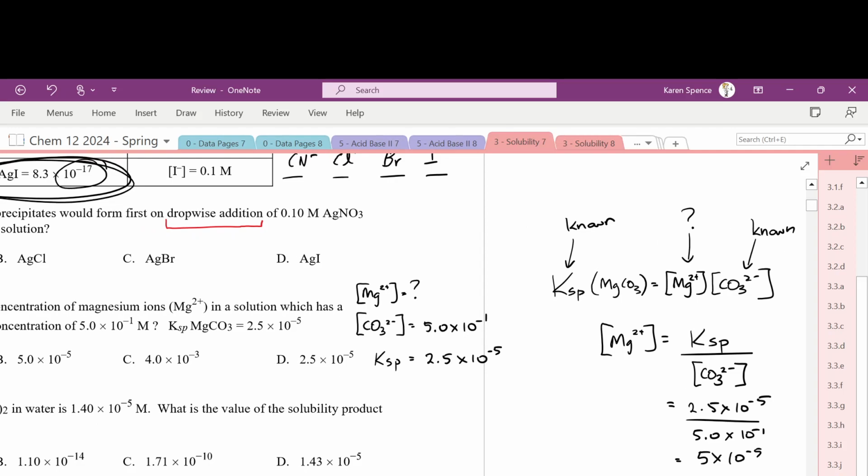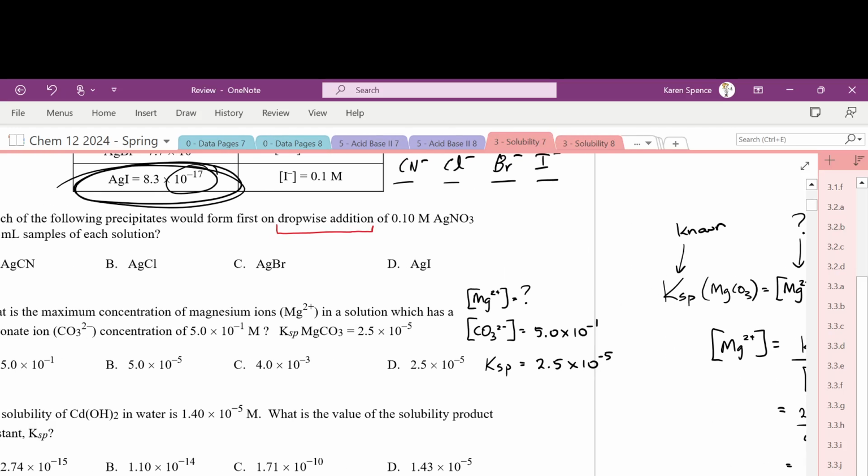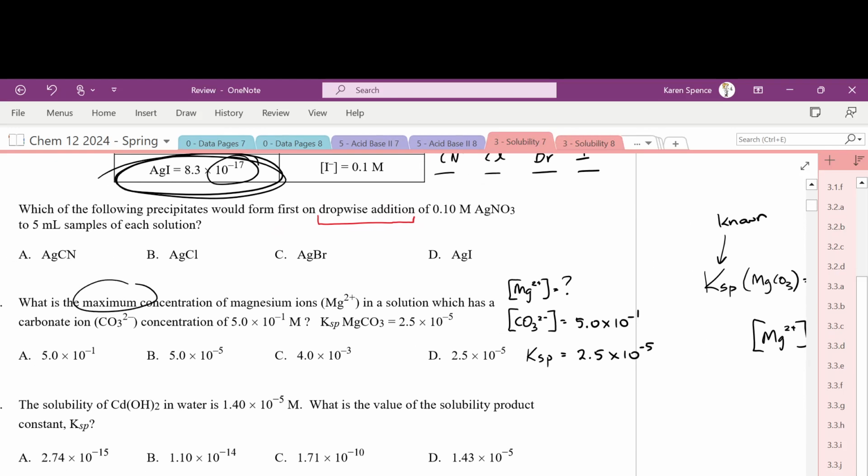So that would be B. Is that good? Just isolate the one that's unknown. Anytime you have a minimum or a maximum, isolate the one that's unknown and then plug in the numbers. Good stuff.